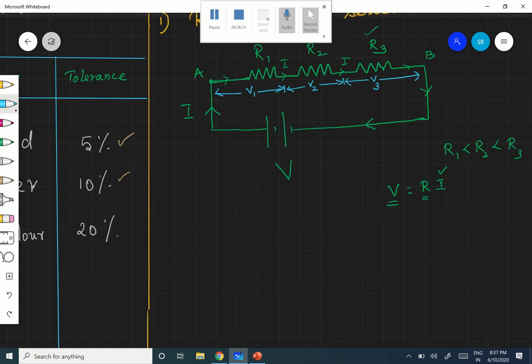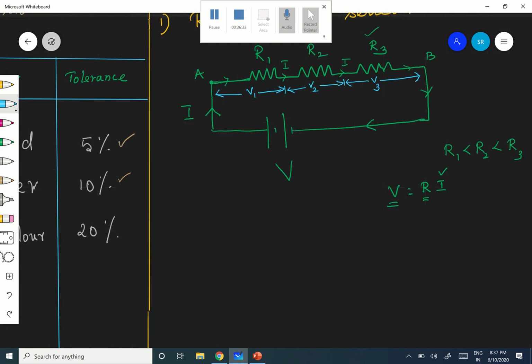Now what is the total? See, V1, V2, V3 are the potential drops across the resistors R1, R2, R3 through which the current I is flowing. Now how can you write V1? Use Ohm's law: the current is the same, so V1 equals I R1, correct?